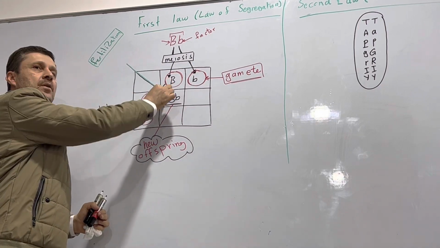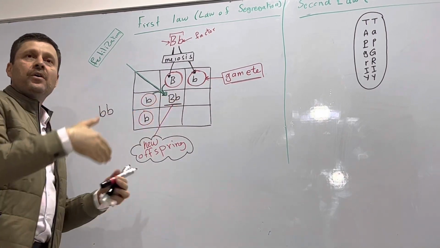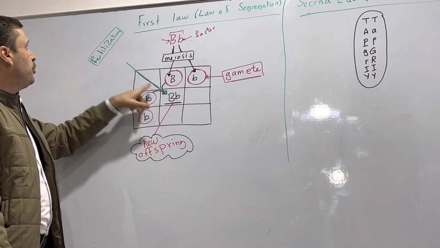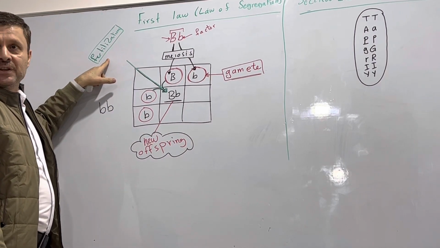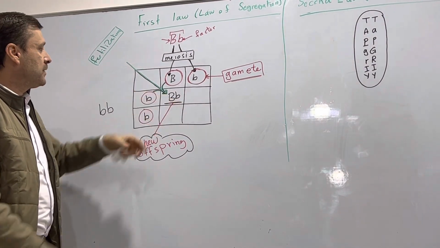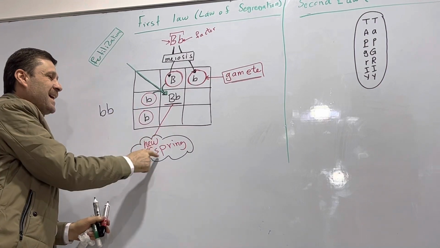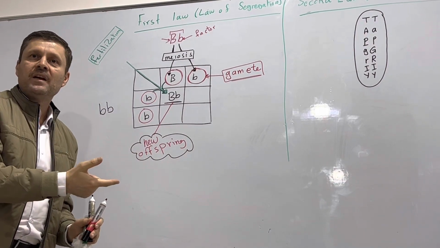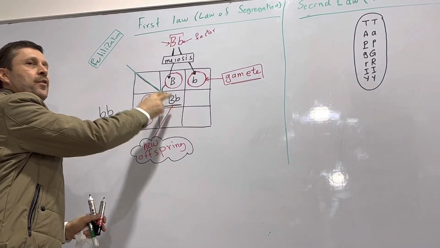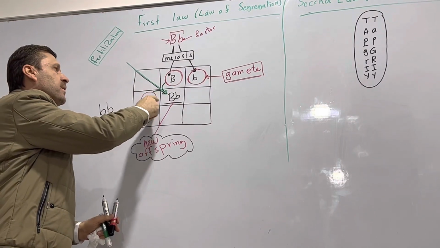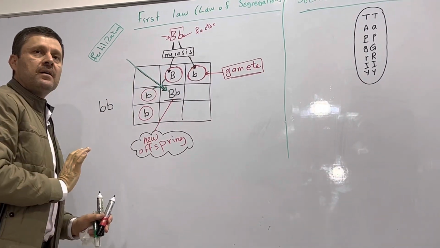The gametes combine. How do gametes behave? During fertilization, when they combine. So the new offspring has how many factors for each trait? Two, one from the father and the other from the mother.